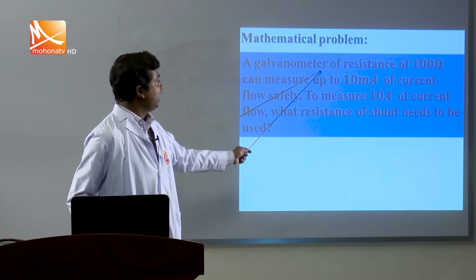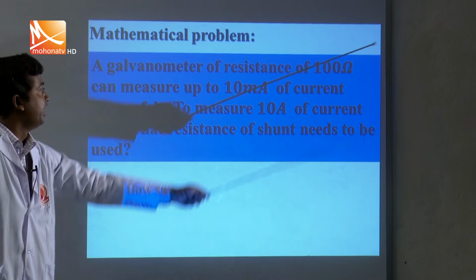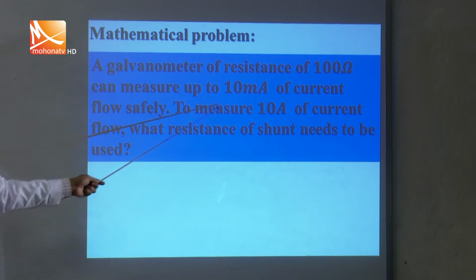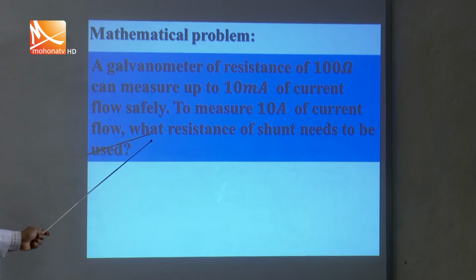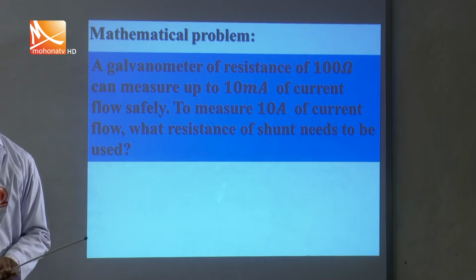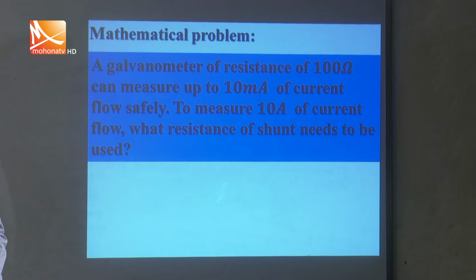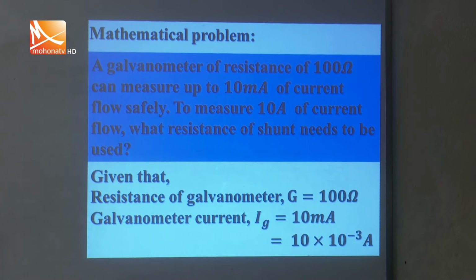This is a mathematical problem for you. A galvanometer having resistance 100 ohm can measure up to 10 milliampere of current safely. To measure 10 ampere current, what resistance of shunt needs to be used? That means you have to calculate the magnitude of shunt. So what are the given variables here?